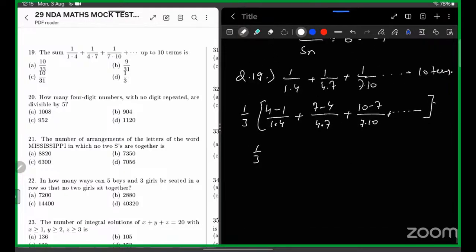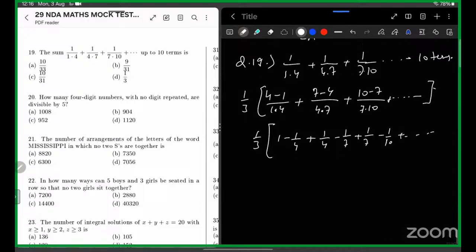And when you separate it, you will be getting 1 minus 1 by 4 plus 1 by 4 minus 1 by 7 plus 1 by 7 minus 1 by 10 plus dot dot dot.